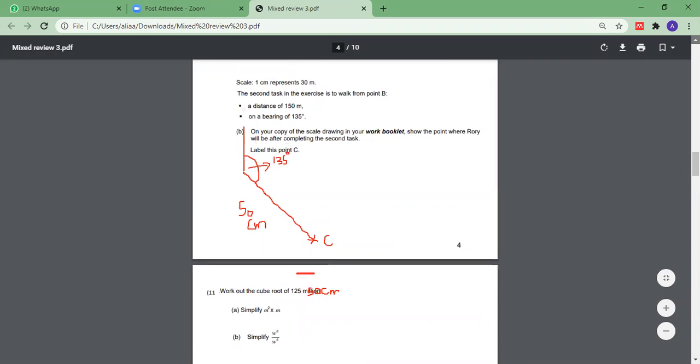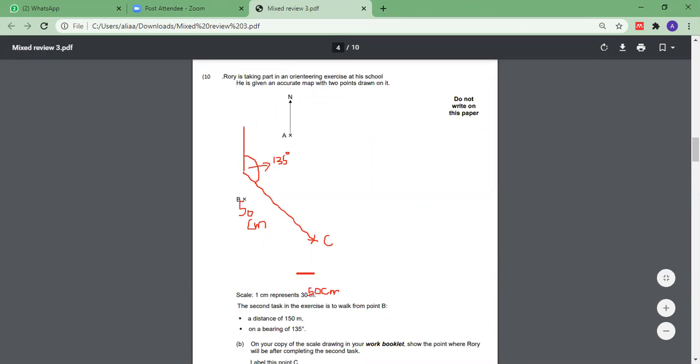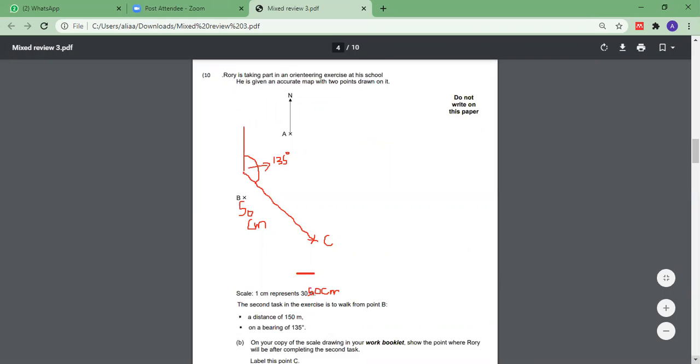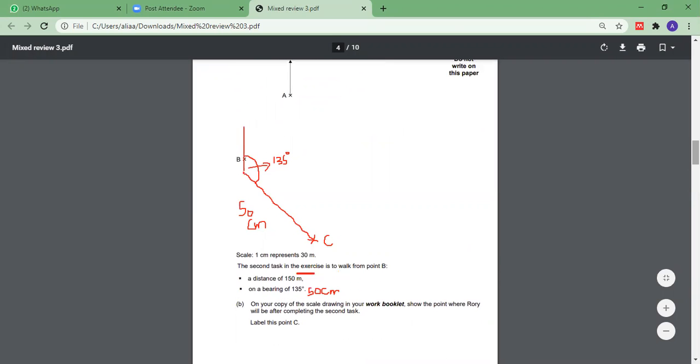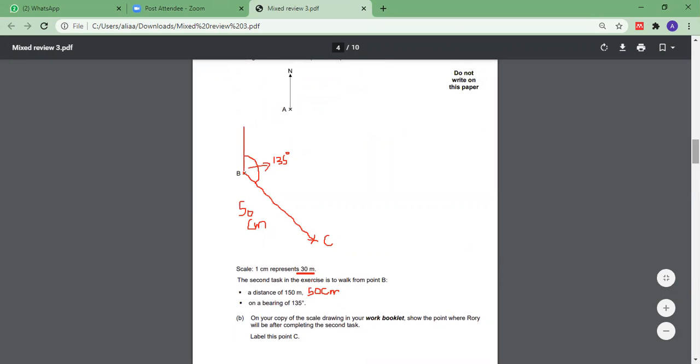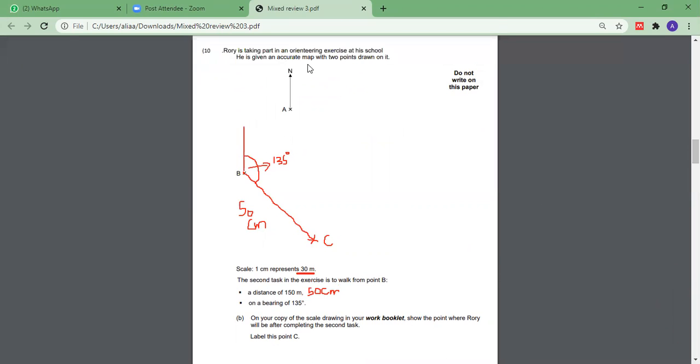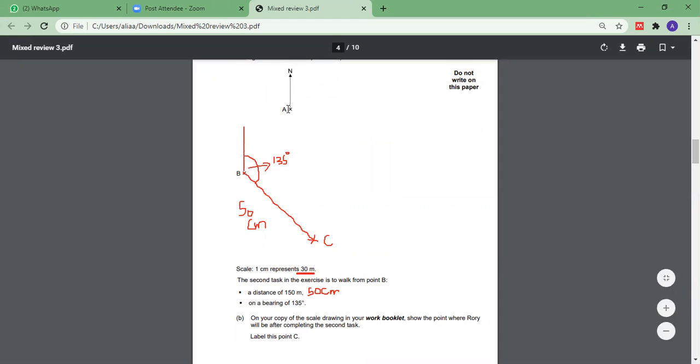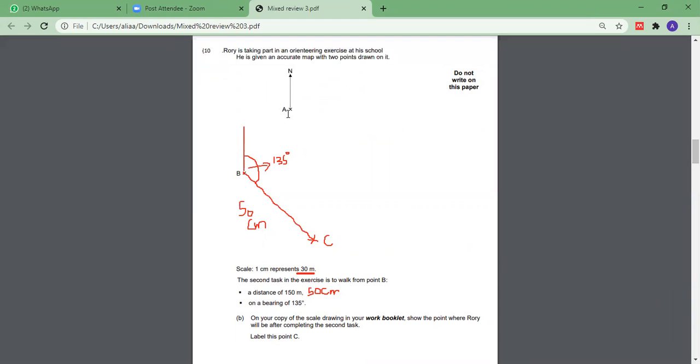Okay, but this is the only question. Some of you would just tell me, Miss, why did he draw point A and north? Sometimes he just wants to tell you that he started from this point.